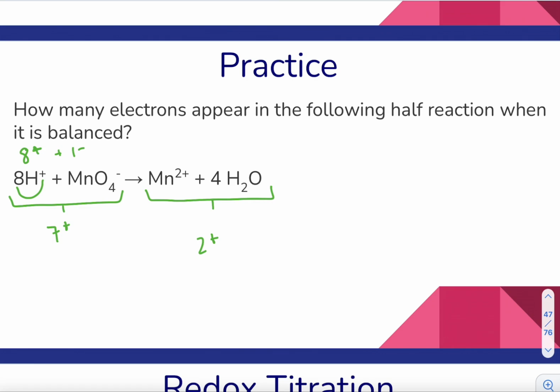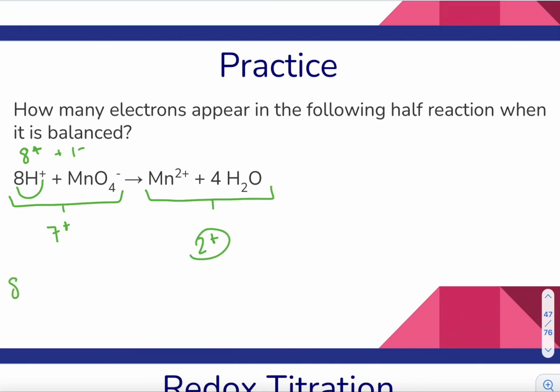So the question is asking how many electrons should you put to make sure it is balanced? You're only going to put them in one place, okay? Because like we said before, they would cancel out if they're on both sides. So what I'm going to do is get both sides to be 2 positive.